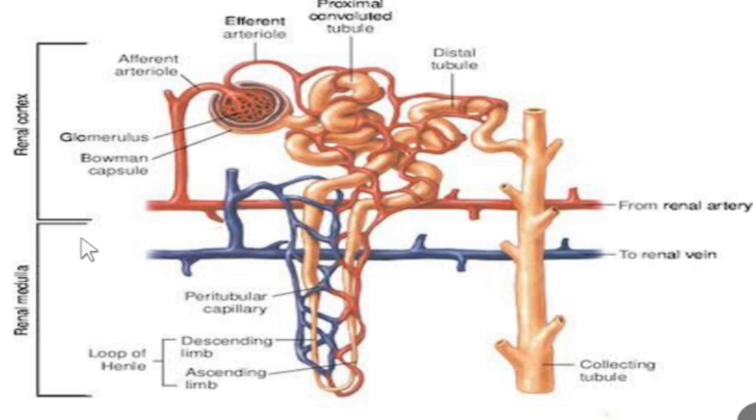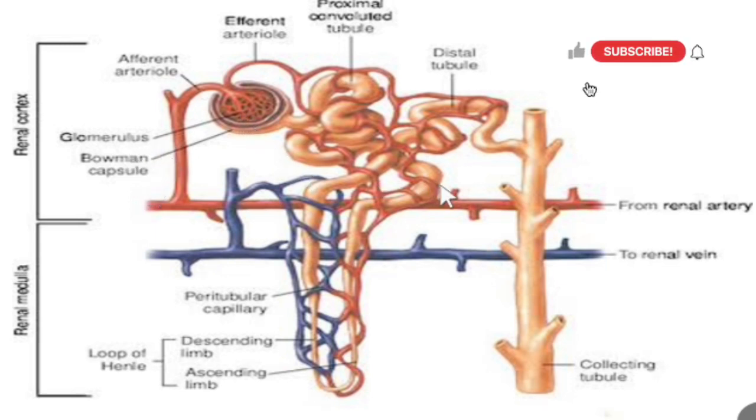Coming back to nephron. So nephron consists of two main parts: renal corpuscle and renal tubule. Renal corpuscle, as you can see, starts from the renal cortex. It consists of two parts: a cup-shaped part which is known as Bowman's capsule or glomerular capsule, while the other part is glomerulus.